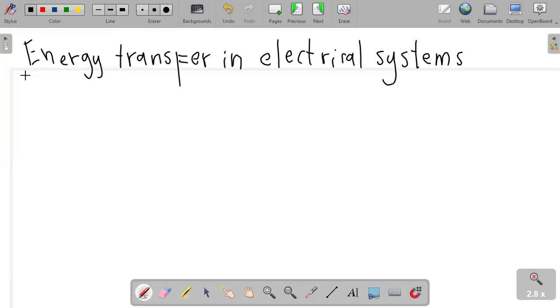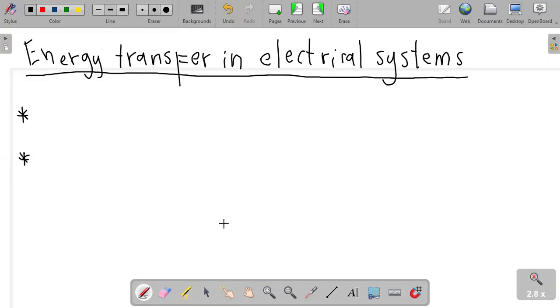Here we are going to talk a lot about the movement of charges inside electric circuits, because energy is transferred through the movement of charges.